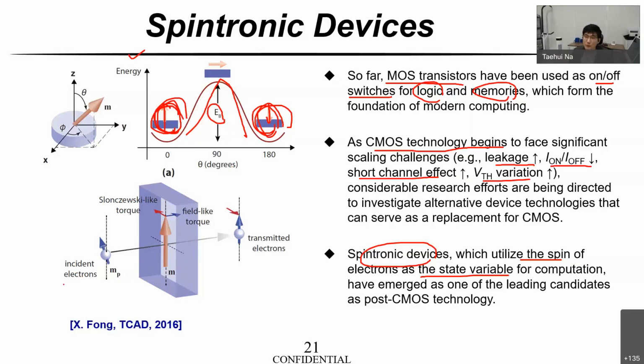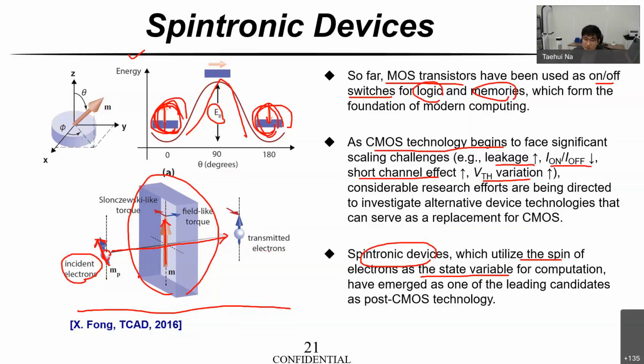In the case of the switching or write operation, you can easily understand it by using this picture. This device is our spintronic device having the upward magnetization direction. There is an incident electron having the magnetic direction of this direction. If this electron passes through our spintronic device, the transmitted electron's magnetic direction becomes upward.